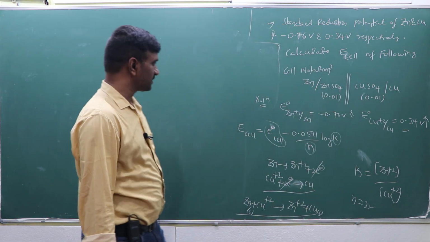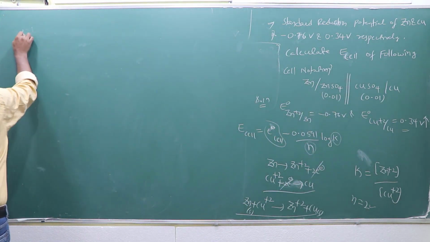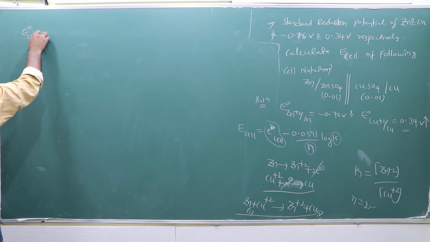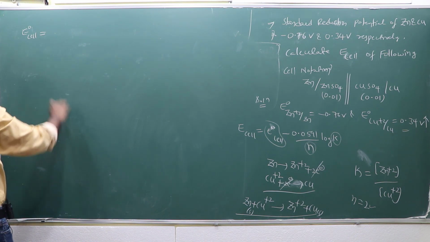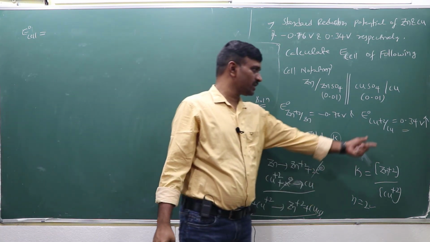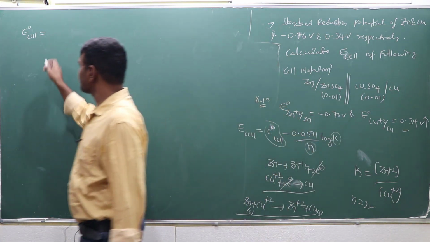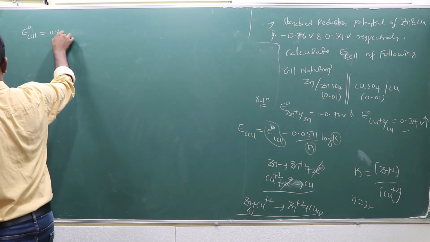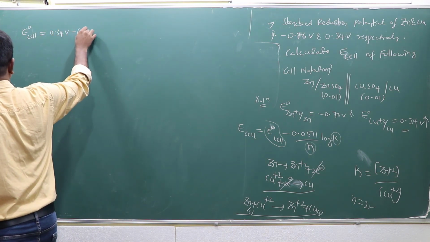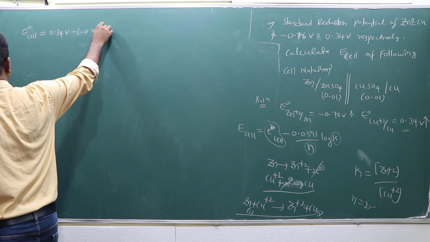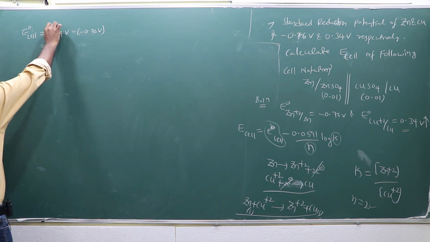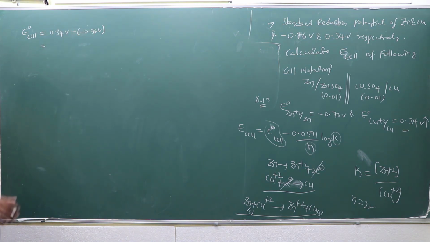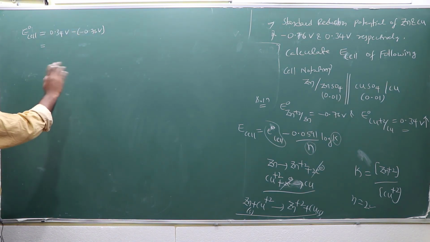And E0 cell, what? E0 cell is equal to higher reduction potential minus lower reduction potential. Which one is the higher reduction potential? 0.34 volts minus minus 0.76 volts. Highest reduction potential minus lowest reduction potential, or E cathode minus E anode, or E right minus E left.